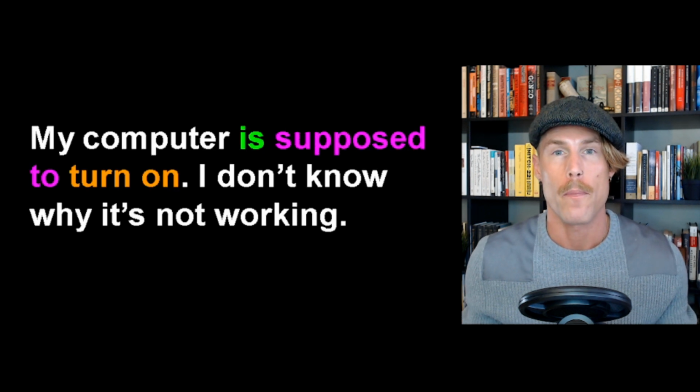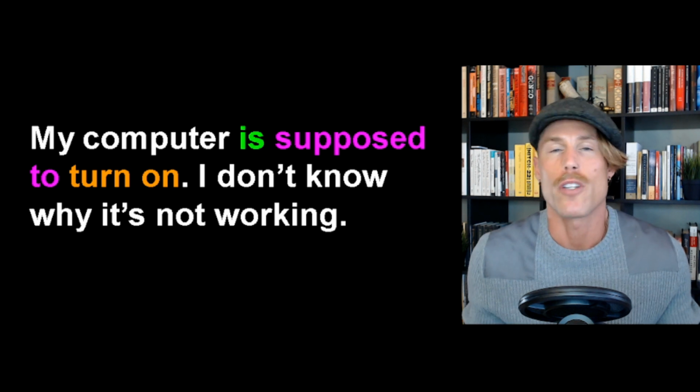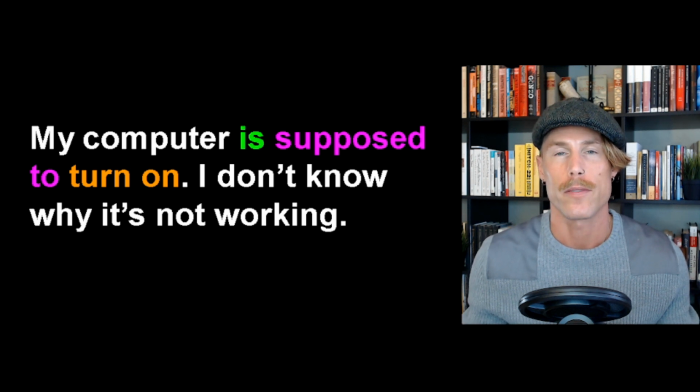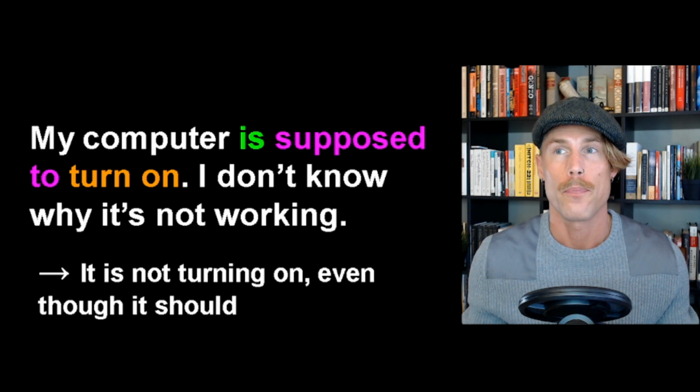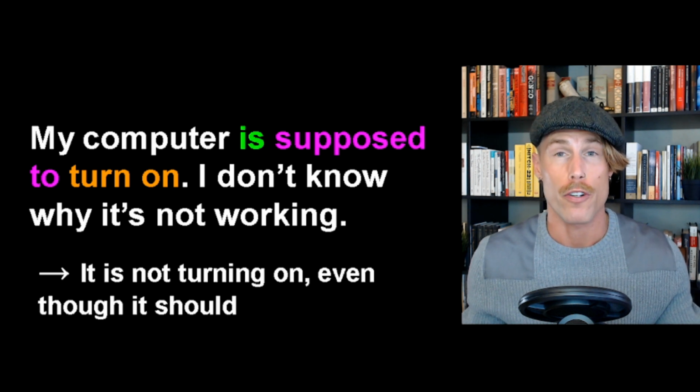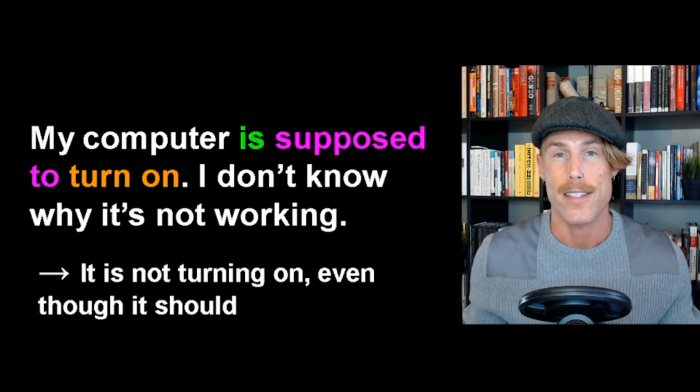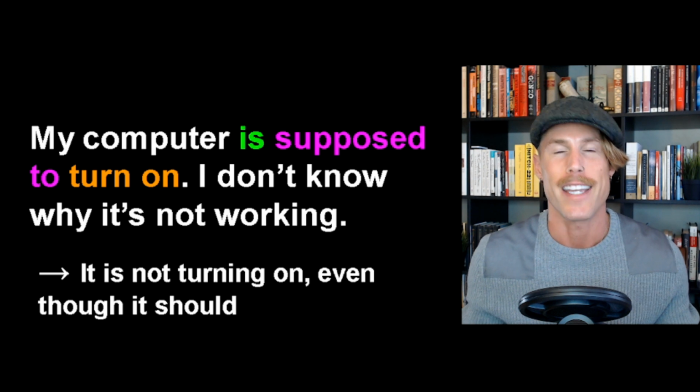Another example. My computer is supposed to turn on. I don't know why it's not working. So, my computer is not turning on, even though it should turn on, right? That's the computer's job. The computer's obligation is to work properly.